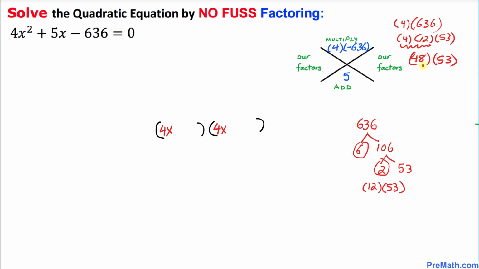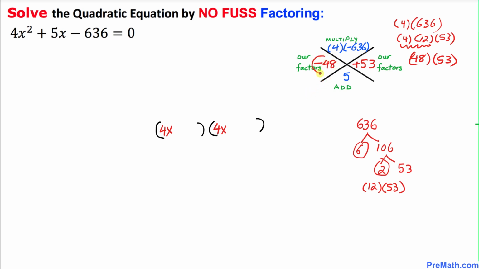And now these are our possible factors. If we multiply them, we're going to get this number, and if we subtract or add them, we should get 5. Let me show you now. This is what I'm going to write down: 48 and 53. That's the very first step. Now let's fix the signs. Since this is a positive 5, that means this bigger number 53 is going to become positive, and this is going to become negative 48.